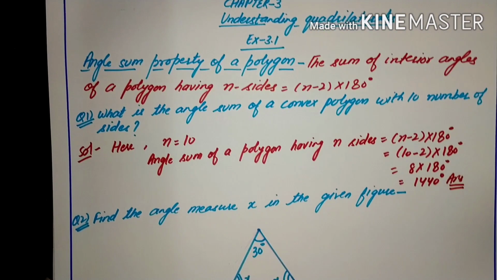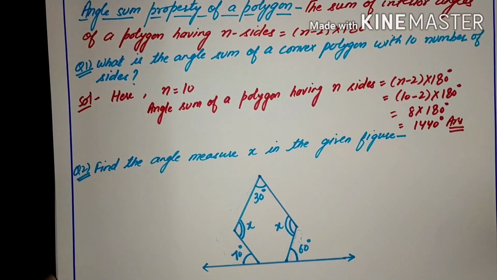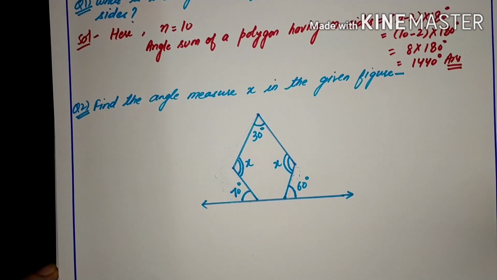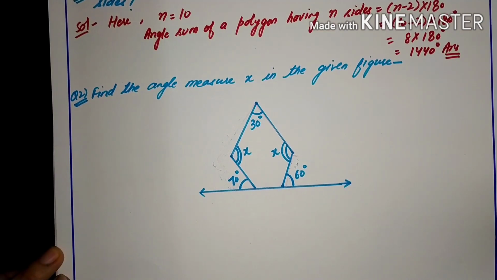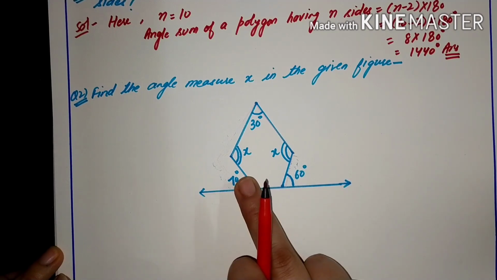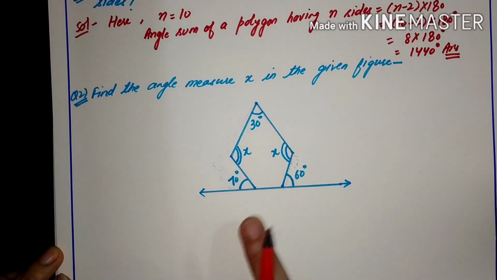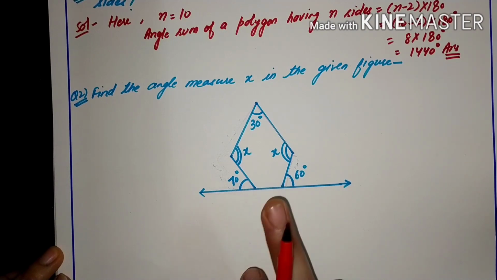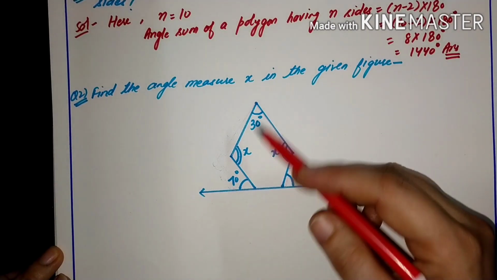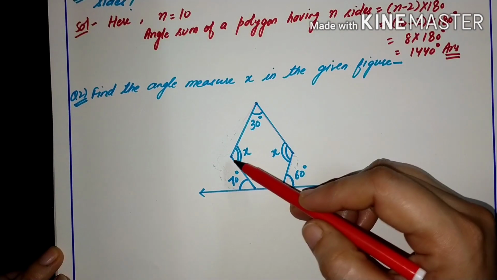Now question number 2. Find the angle measure x in the given figure. So here you have been given one figure and you have to find the value of x in it. For that you can see we have to use the angle sum property. What figure is it?